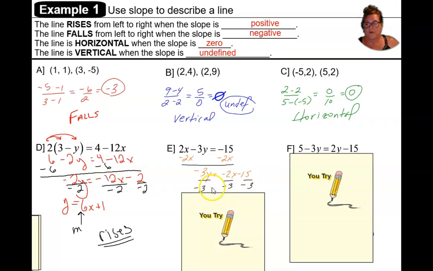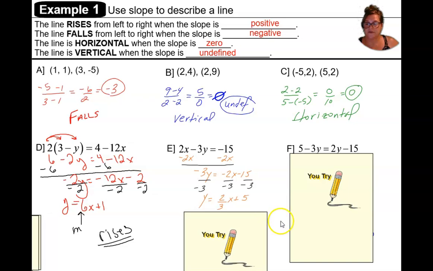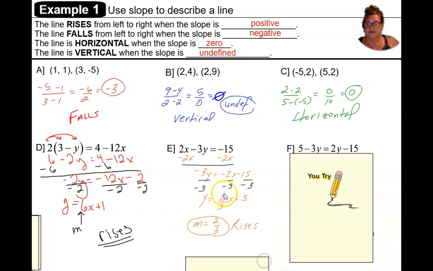So now I'll have the y by itself. A negative divided by a negative is a positive, so that's a positive 2/3 x. And then negative 15 divided by negative 3 is a positive 5. Since that slope is the coefficient on the x, that's a 2/3, it's positive. That tells me that the line is rising from left to right.